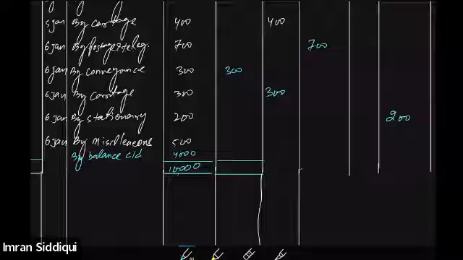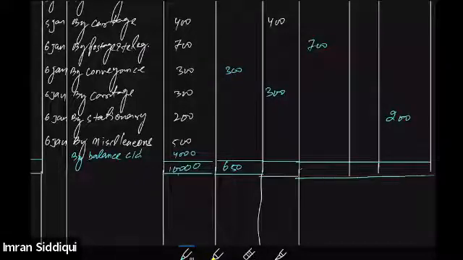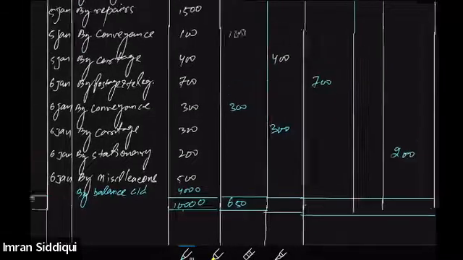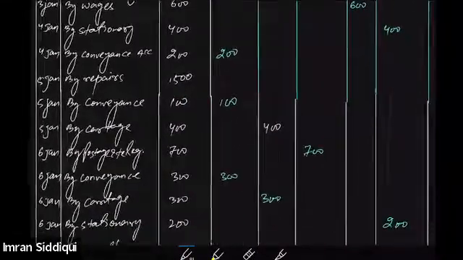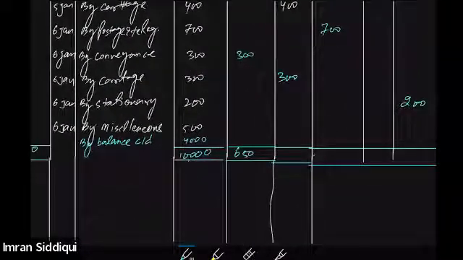Sum total of this is 650. And this is how we will total all these columns. So totaling these columns, we will get 200, 250 plus 400 plus 300. It will be 950.